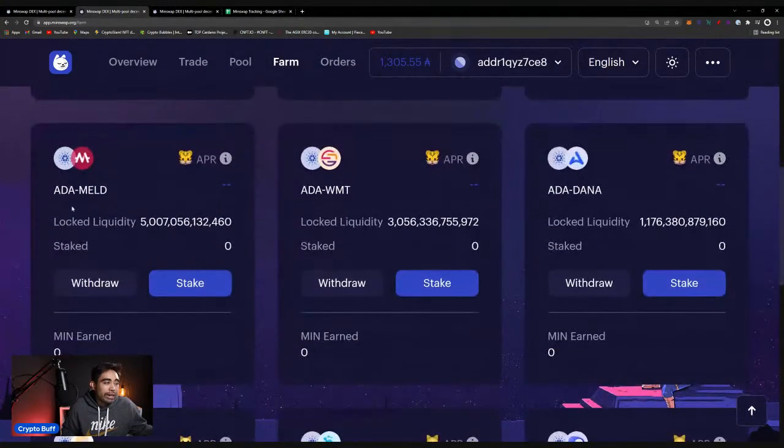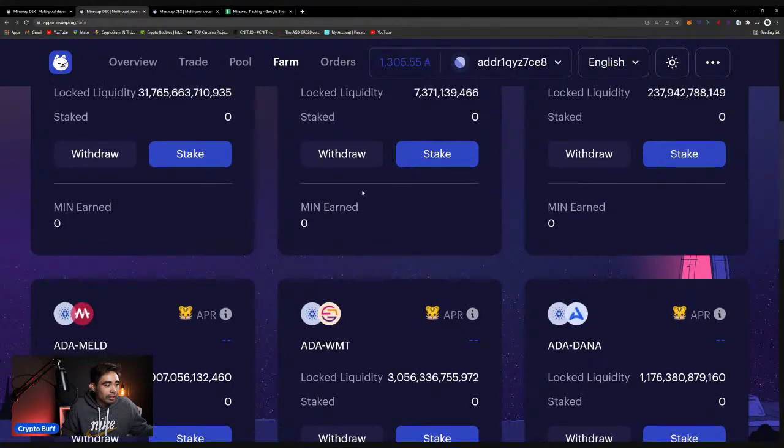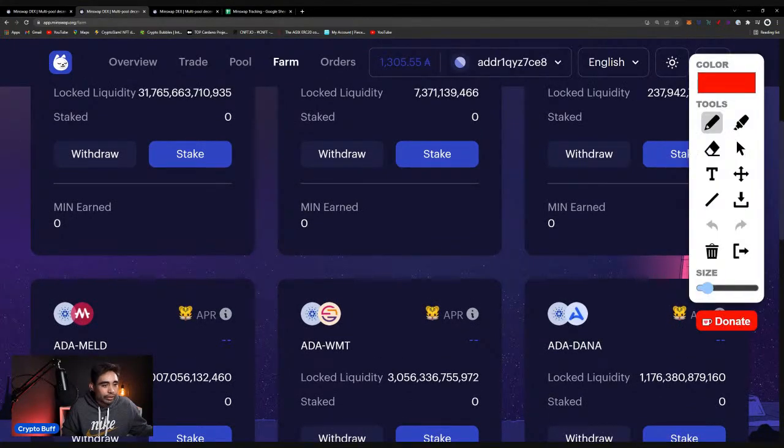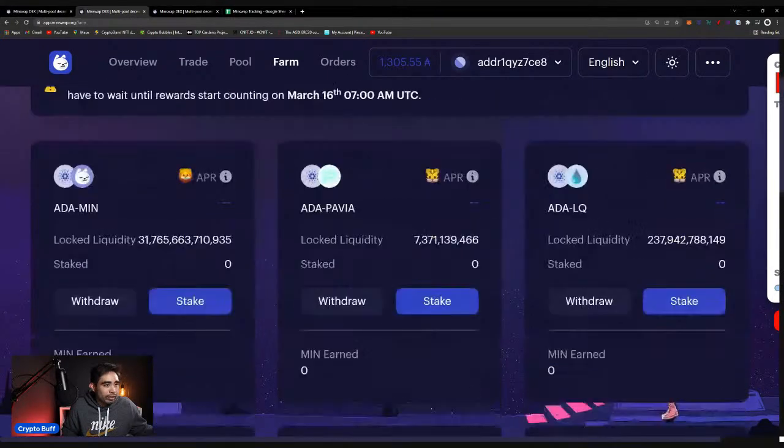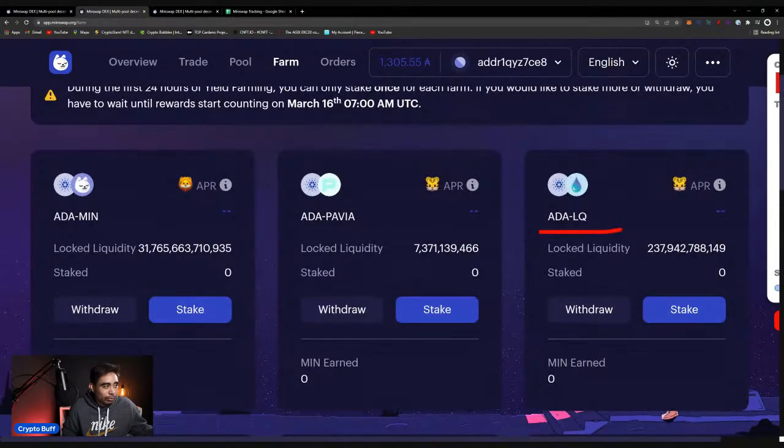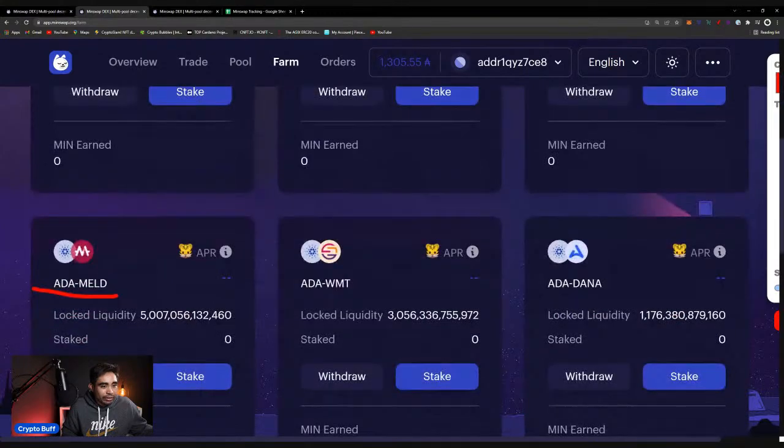I may actually add some liquidity to the ADA and MELD pairing as well, or it's either going to be the ADA and MELD pairing or the ADA and LQ pairing that I'm going to be adding.